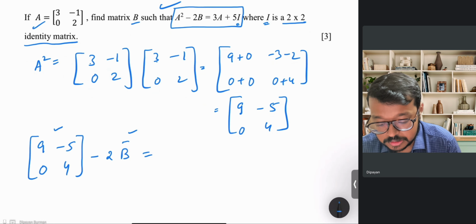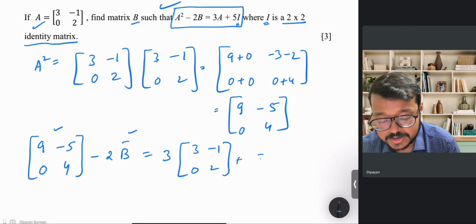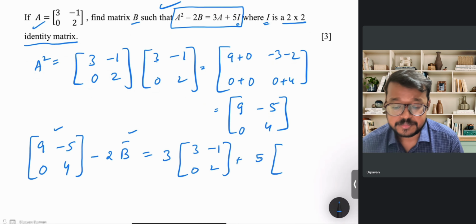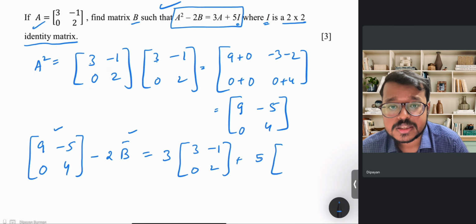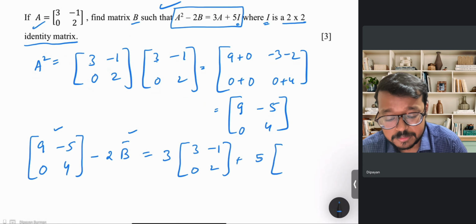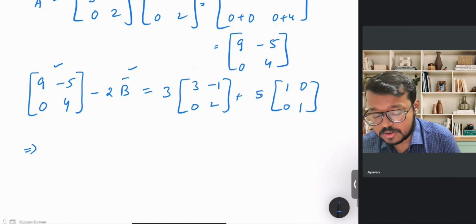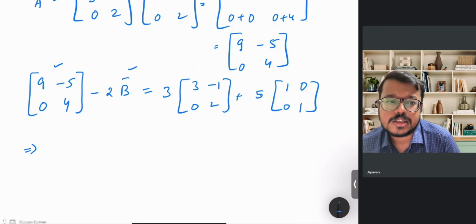And this is equal to 3 times matrix A, which is 3 minus 1, 0, 2, plus 5 times I. Identity matrix of order 2 by 2 will be 1, 0, 0, 1. Now the only unknown is the B matrix.